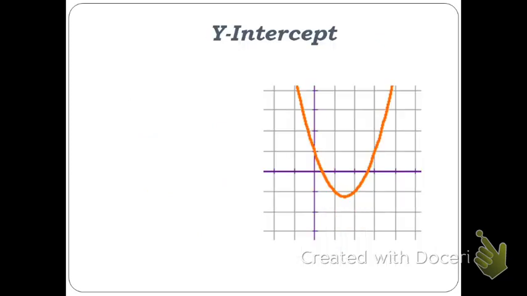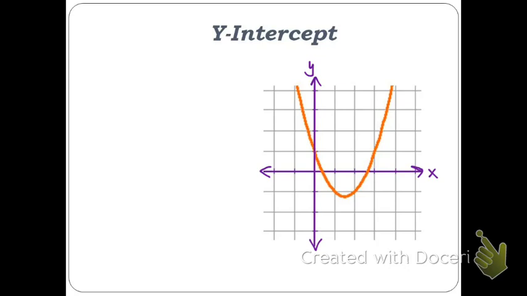Now, let's talk about the y-intercept. Recall that you have a y-axis and an x-axis. The y-axis is the one that is vertical, it goes up and down, and the x-axis goes left and right.